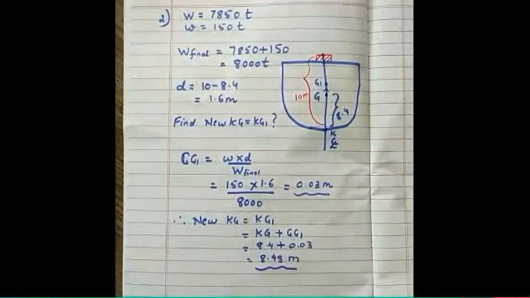Understood? Very simple. From the diagram, you should understand where my G is shifting. Second thing, you should understand what should be my distance. And whether it is plus or minus. These three things, if you understand, the problems are very simple.